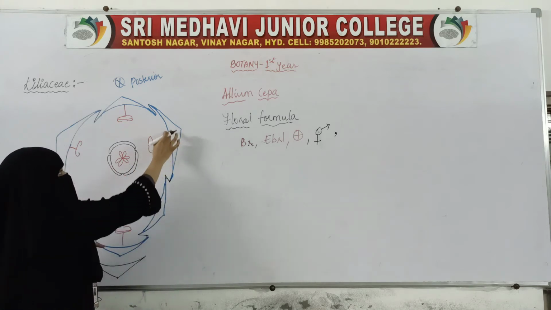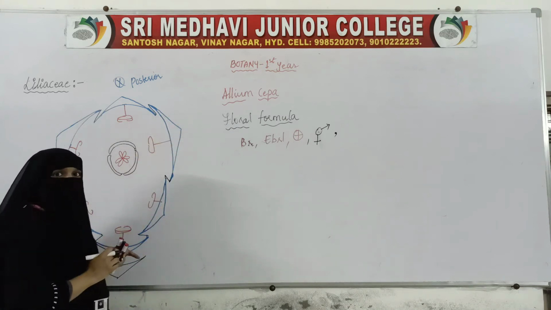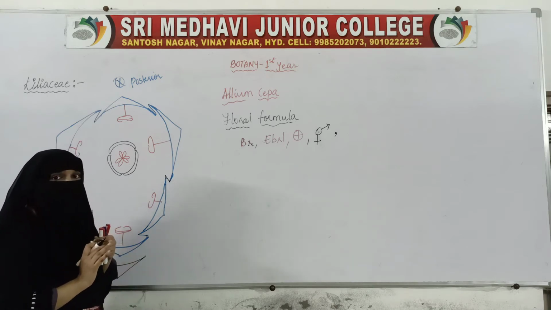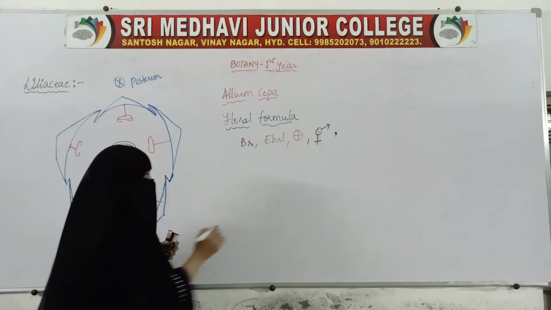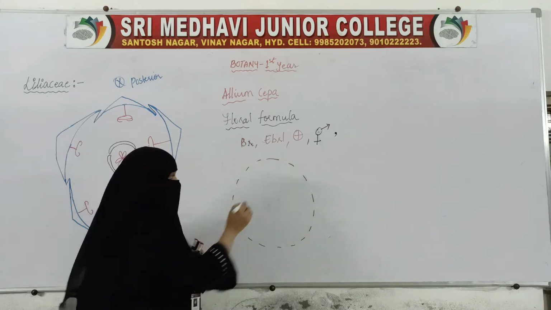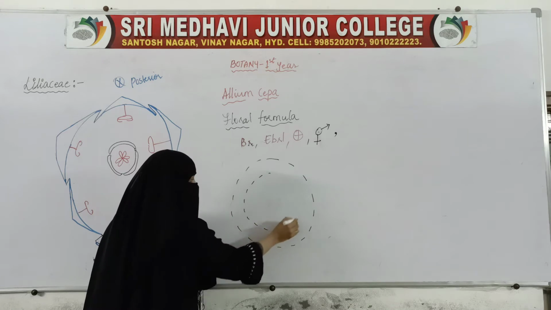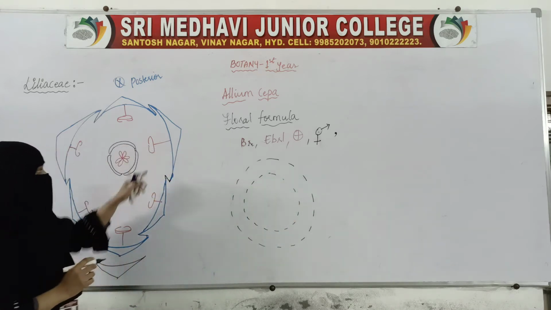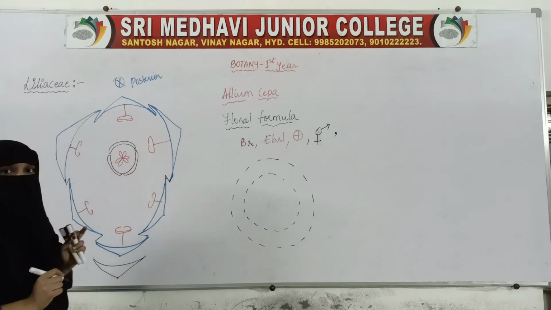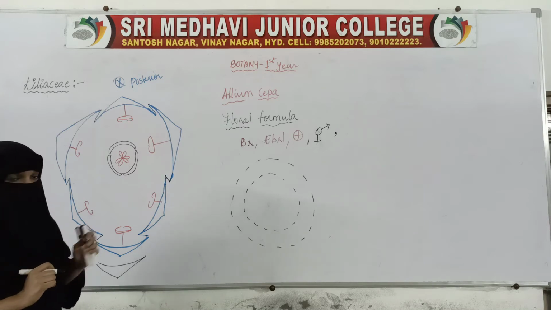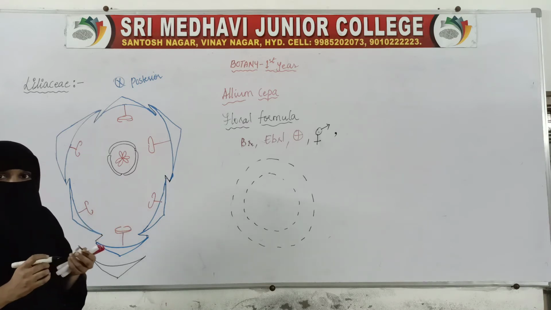Now coming to this whorl and this whorl. Here when we see this, petals and sepals are not separated. In the previous diagrams we have drawn an outer whorl of sepals and an inner whorl of petals. Here it is different. 3 are outer, 3 are inner, but the petals and sepals are not distinguished.